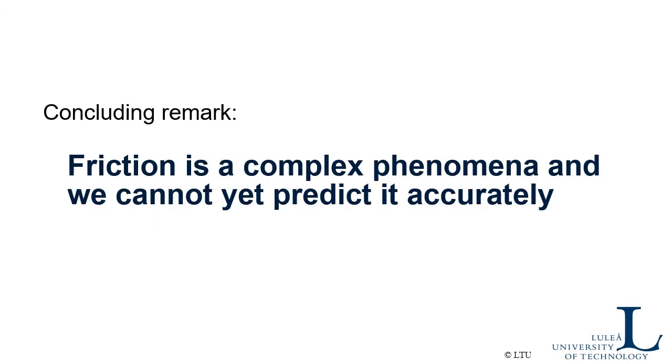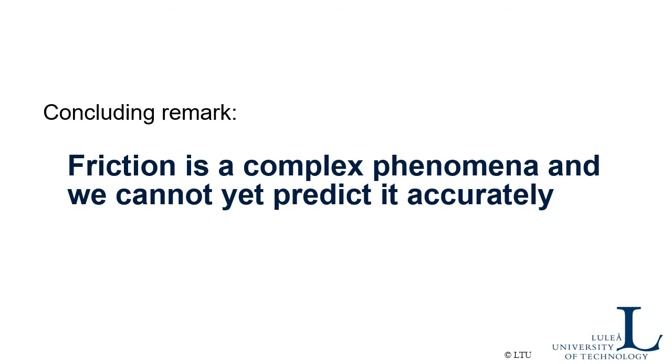So let me conclude. Friction is a pretty complex phenomenon, and even though I have mentioned a number of effects causing the friction, they are interacting with each other, and they change in nature. If you increase load or speed, they change because you break the oxide layers.